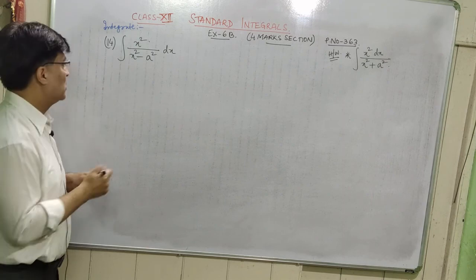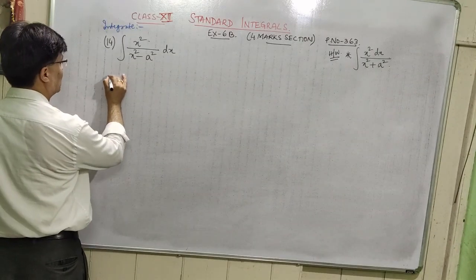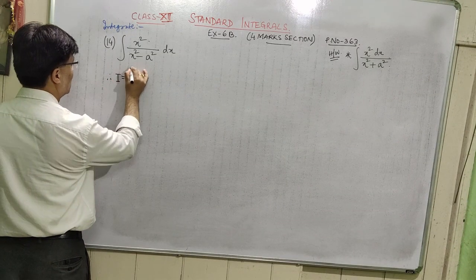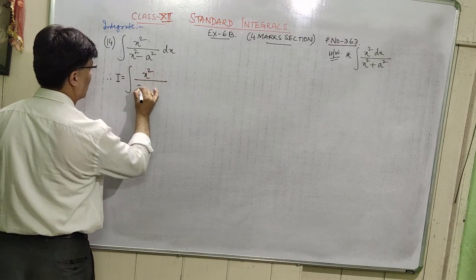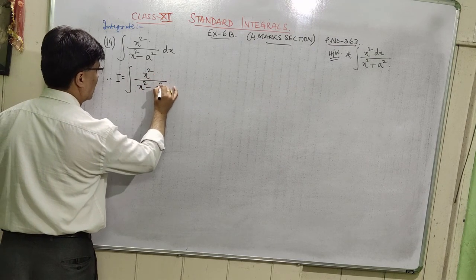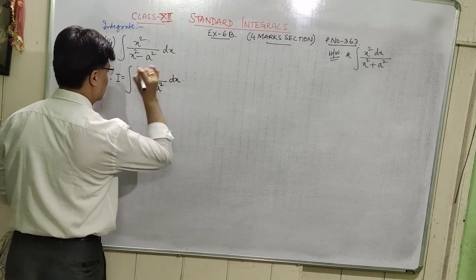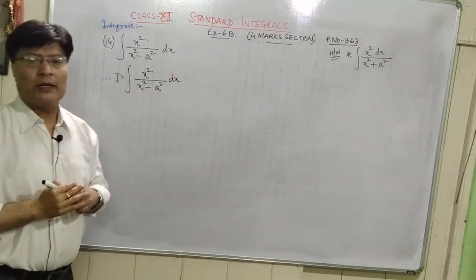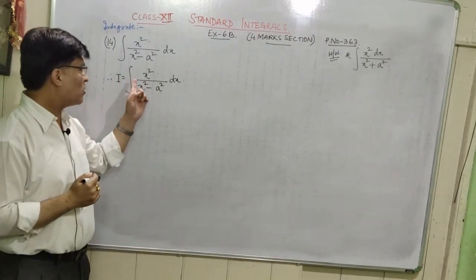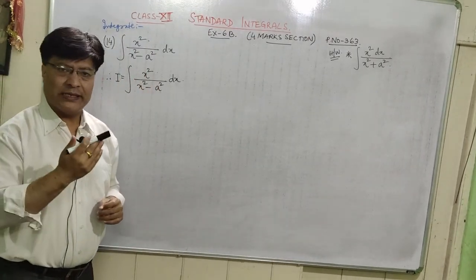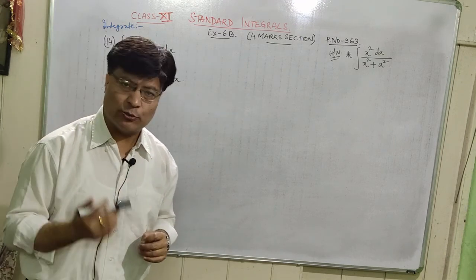How will you do it? First let us write I is equal to the integration of x square divided by x square minus a square dx. Now in this case we see that the highest power of x in the numerator is the same as the highest power of x in the denominator.